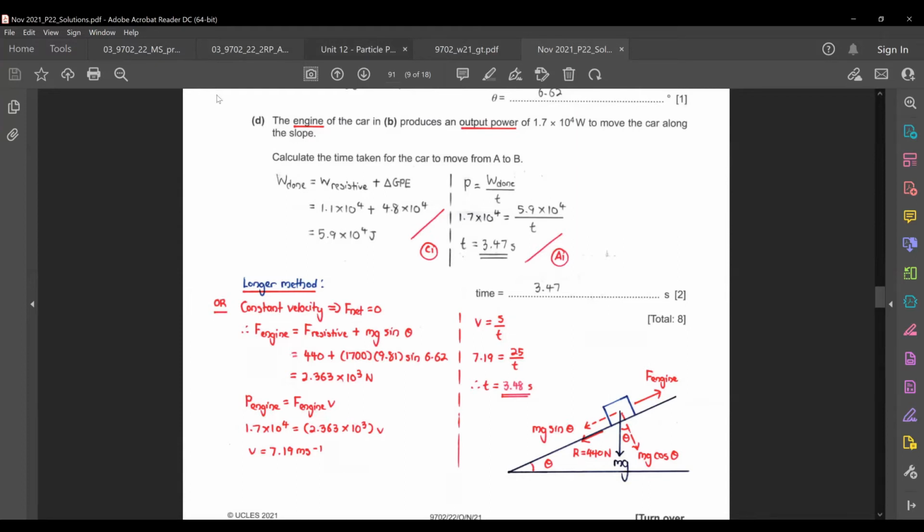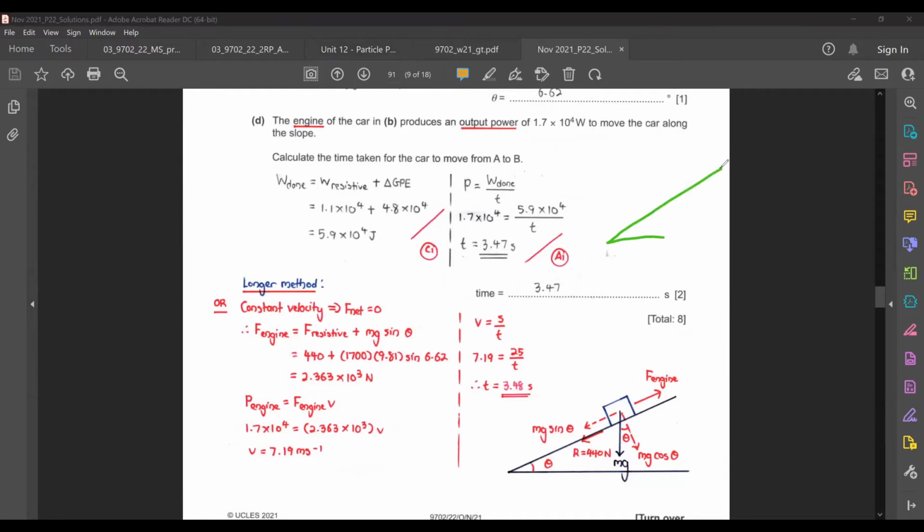The car was at point A just now, and then it moved to point B.